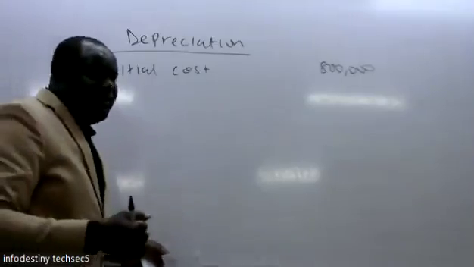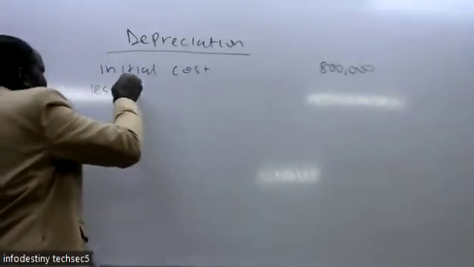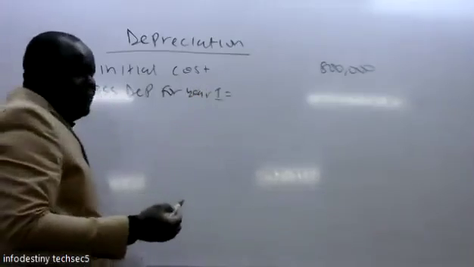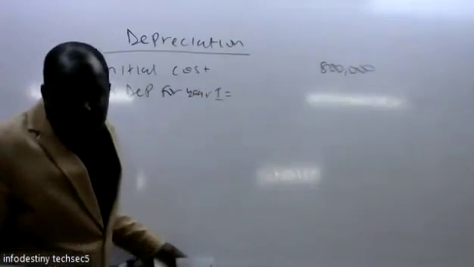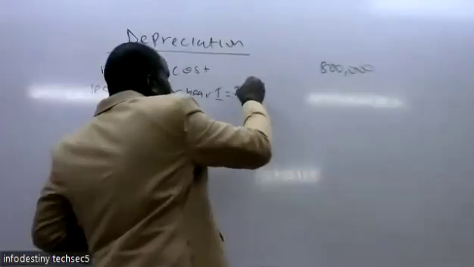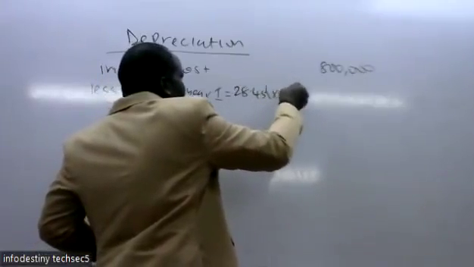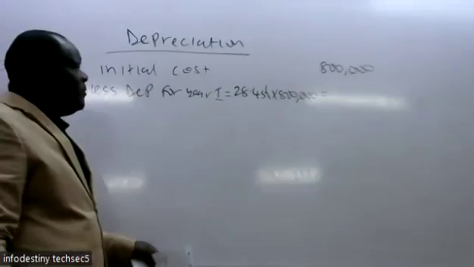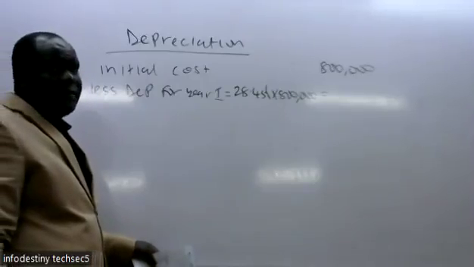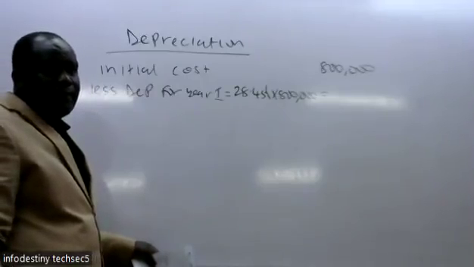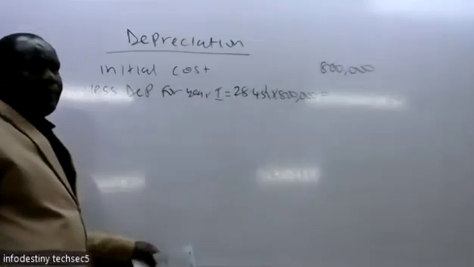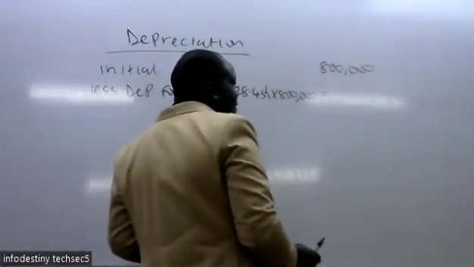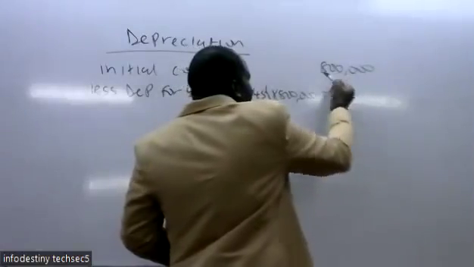It is on the reducing balance basis. So depreciation for year 1 should be 28.45% of the 800,000. What is 28.45% of the 800,000? 227,600.